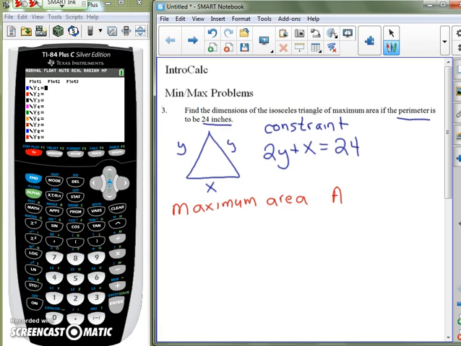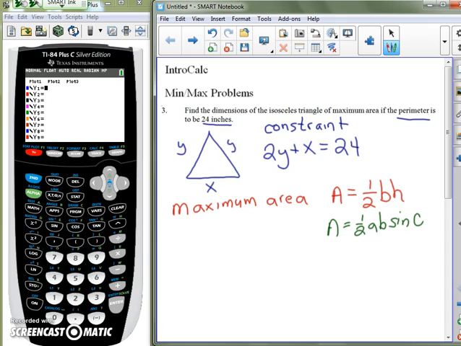And the area of a triangle, we have 3 different possibilities to choose from. That's the most common. Some people will use that formula that we learned in geometry, which is so valuable. Area is 1/2 AB sine C. The problem with that is it introduces another variable.